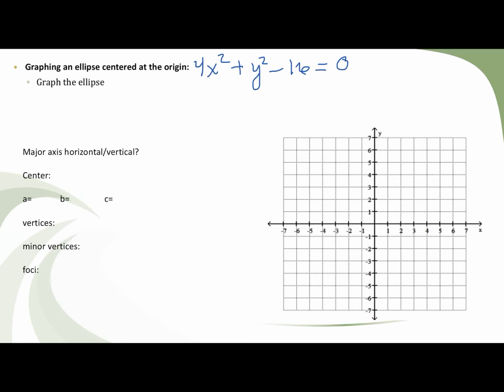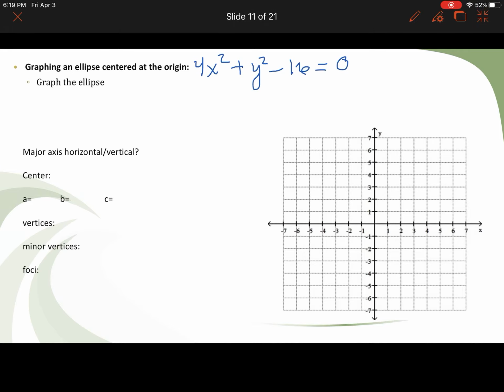So a good place to start is to put all the numbers on the other side so we can start getting it equal to 1. All right, so I will rewrite this as 4x squared plus y squared equals 16. And now I can divide by 16 to make it equal 1.